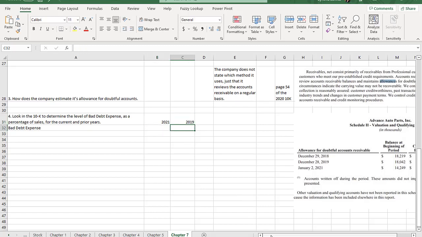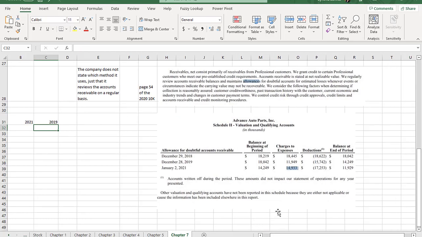So if I go over to this schedule, I'm actually looking for 2 years. So I'm looking for this number and this number. So for my 2021, it's 14,933. And for my December 2019, it's 11,949.